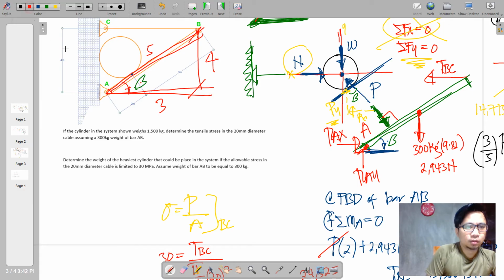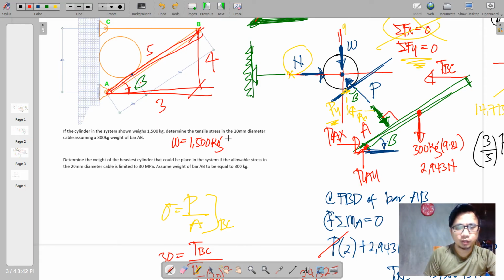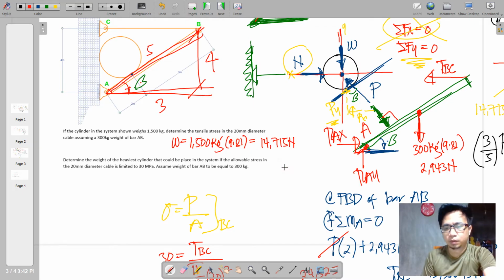So if we observe that in the first problem, our W is given to be equal to 1,500 kilogram, and if we multiply this by 9.81, we have 14,750 Newton.